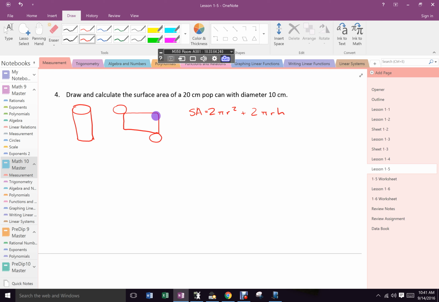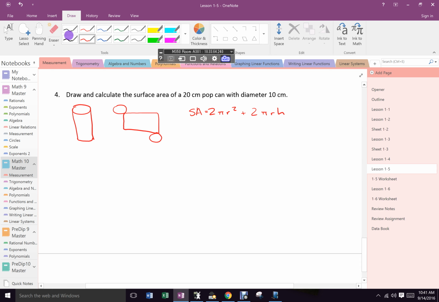Because these are still the circles. They're still 2 pi r. In real life, if I asked you how tall is this cylinder, you would say this, wouldn't you? But in math, we can't do that. Math is limited. So we have named this side the height, even when the cylinder is tipped on its side. Does everybody get it?